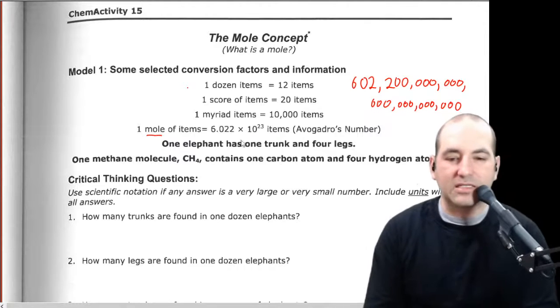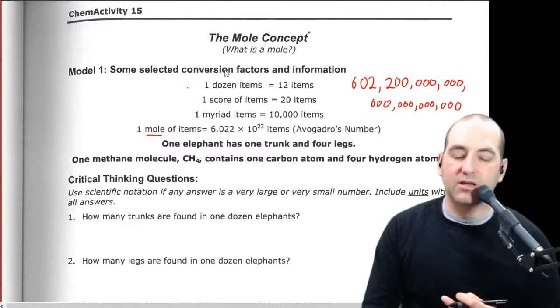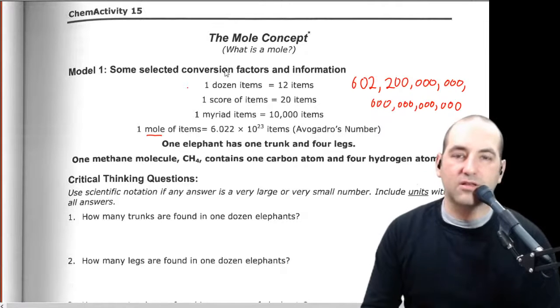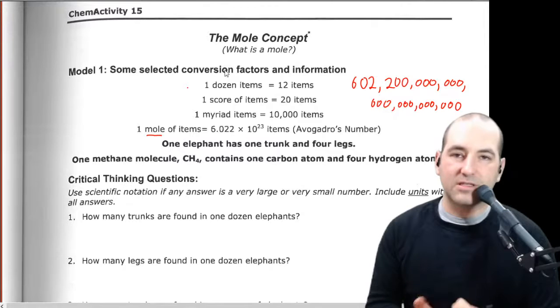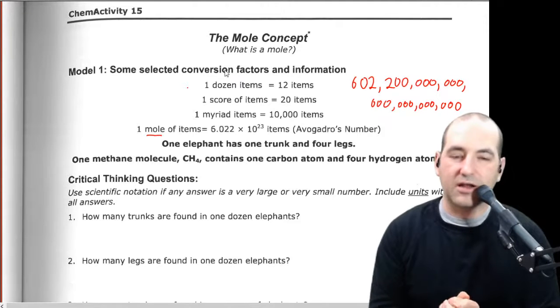But the reason that we need such a large number in chemistry and why it has this special name is that it joins two important domains. One is the domain of the atoms and molecules, so these super, super tiny particles. These things are so small that we can't really manipulate or count them without extremely specialized instrumentation.